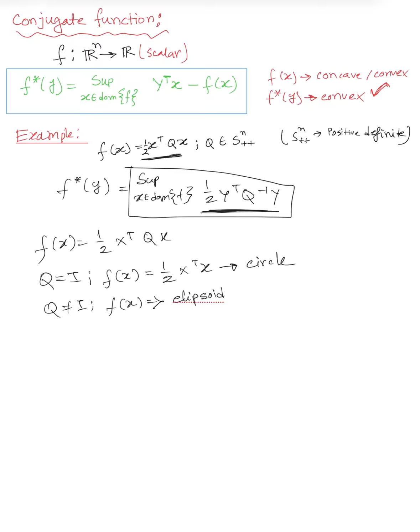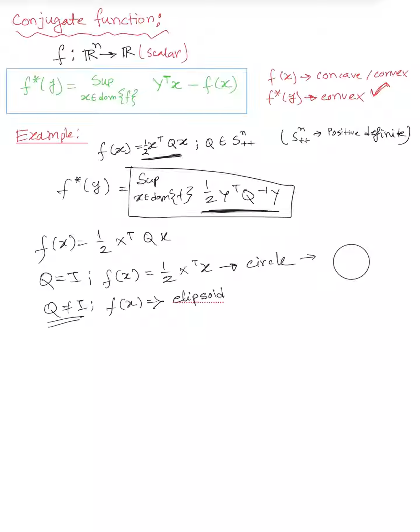And it's important to know what the function of Q is here. If this is a circle like this, and we consider that Q is not an identity matrix, it is going to stretch it.